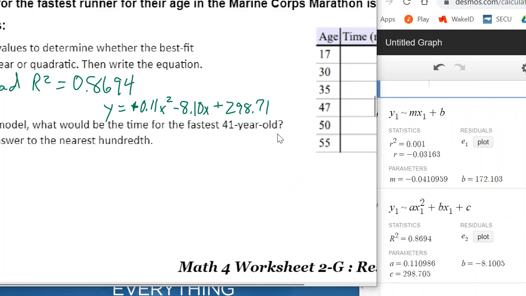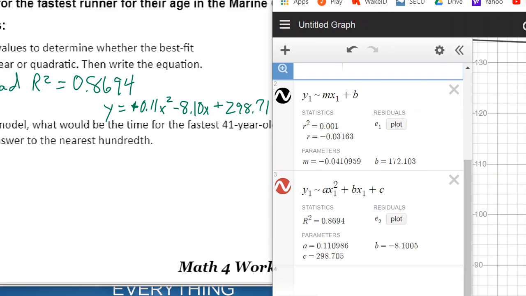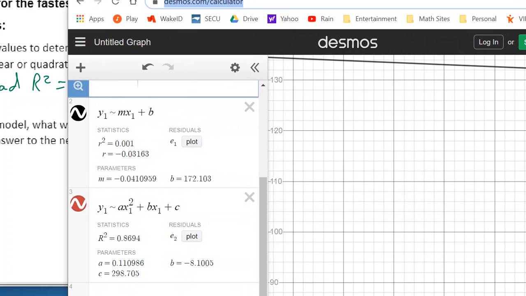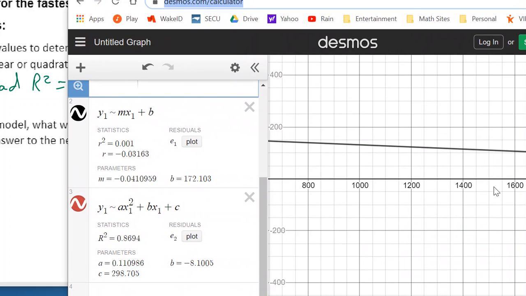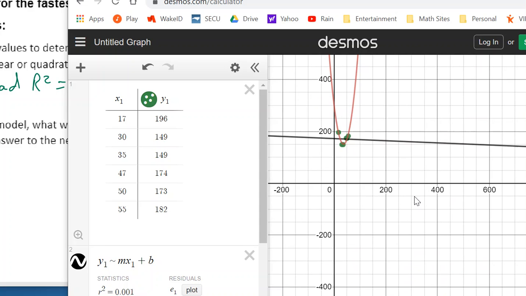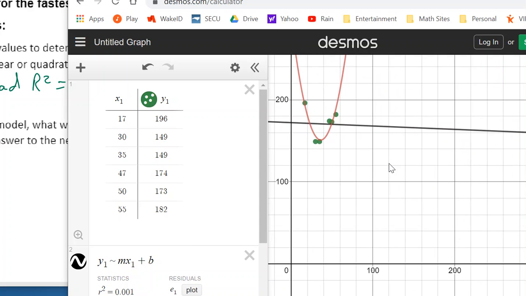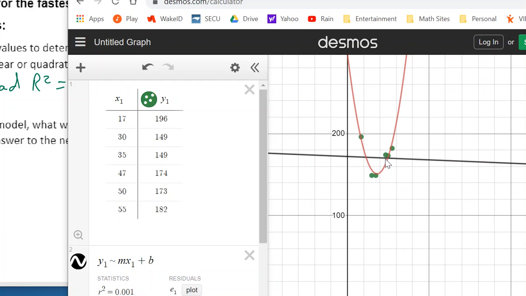Now, 41-year-old, that's the x category. That's the x column. So I'm going to bring this guy back over here and say, by the time I get this all together, back where we can see everybody, and we're doing the quadratic instead of the linear.